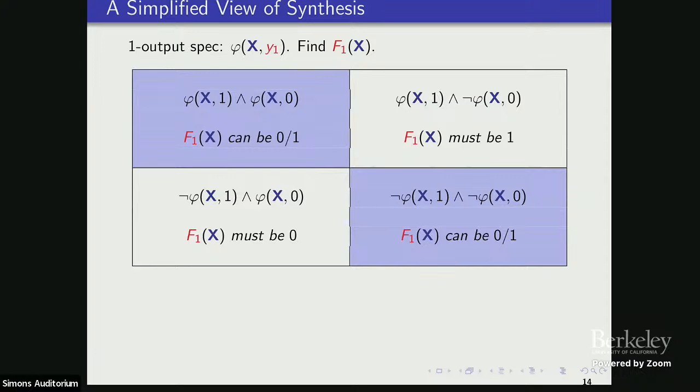But in these two colored quadrants, no matter what the Skolem function evaluates to, the specification is satisfied here, and falsified there. So we are free to choose what f1x should evaluate to in these two quadrants. But in these two, every Skolem function must evaluate to 0, and every Skolem function must evaluate to 1.